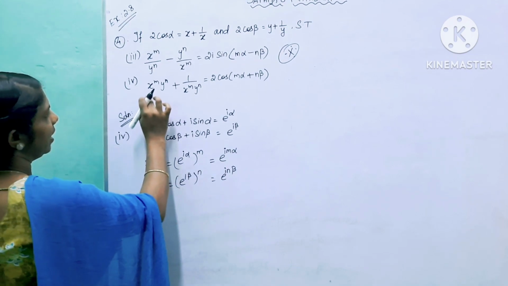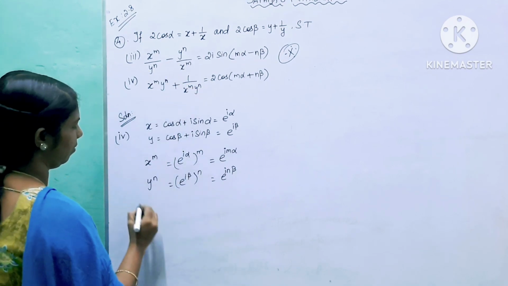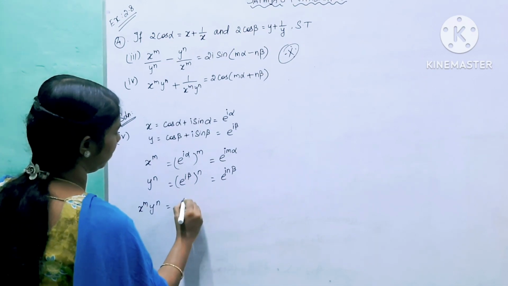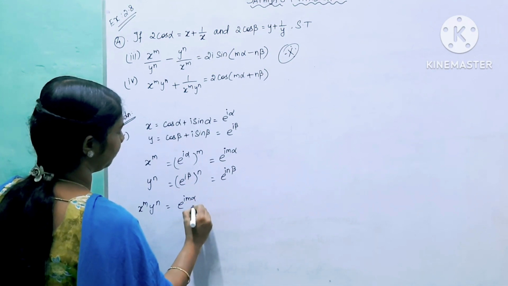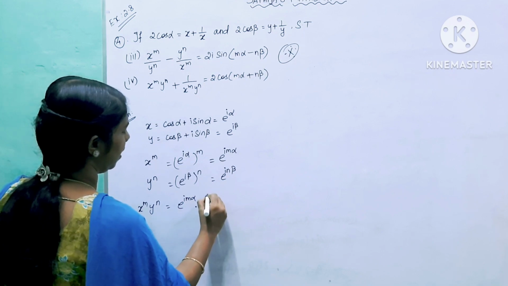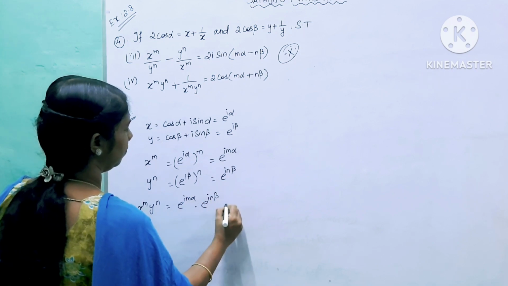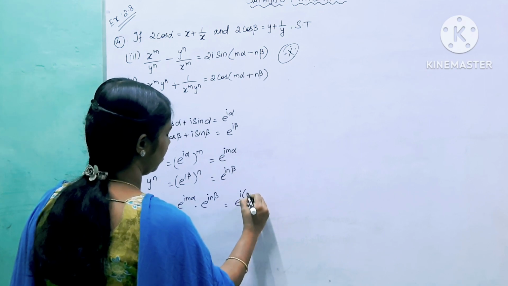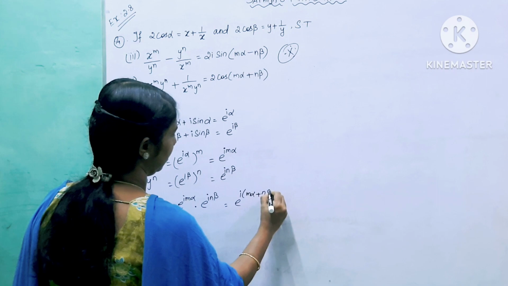Next, the fourth subdivision asks for x power m into y power n. x power m into y power n is equal to e power I into m alpha into e power I into n beta. Taking e power I common, m alpha plus n beta.